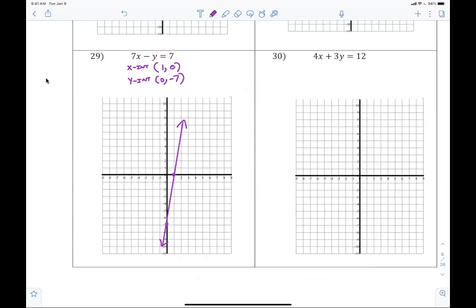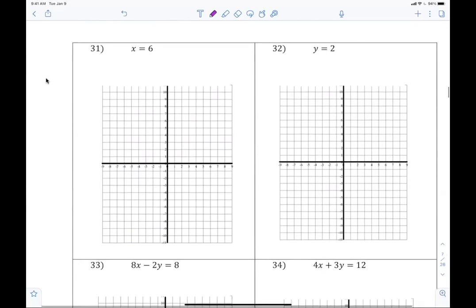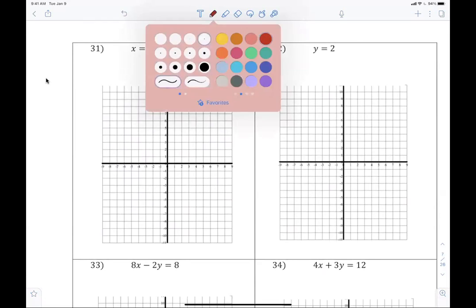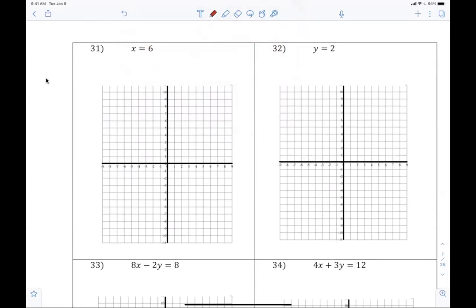All right, so now when we look at 31 for a moment. First of all, what is x equals 6? What is that the graph of? Thank you, vertical line. At what point? At x equals 6. So by just drawing the vertical line at x equals 6. So what's the x-intercept? 6, come on, say it correctly. 6, comma 0.